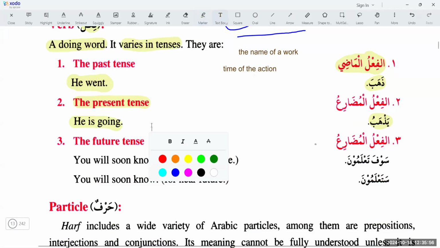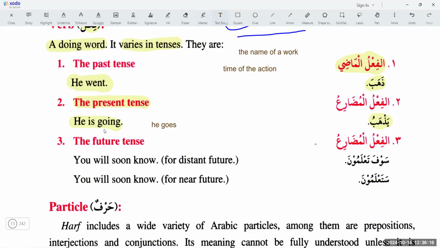You can translate both: he goes or he is going. It gives the meaning of the present tense, present indefinite and present continuous as well. And it also gives the meaning of the future tense.